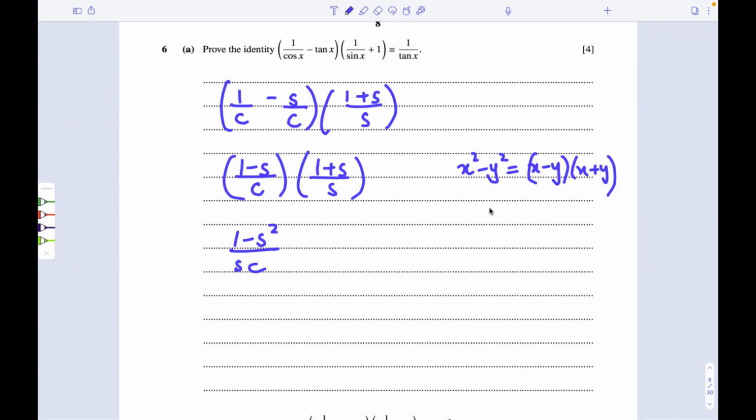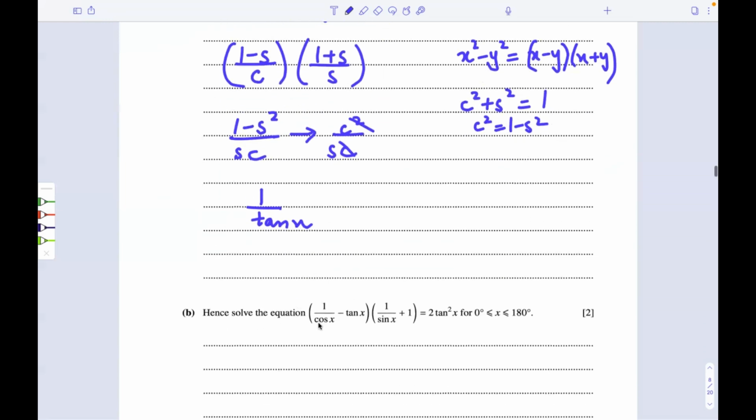Now we know that the identity for cos square plus sine square is equal to 1. So we know that cos square is 1 minus sine square. So in place of 1 minus sine square, we can replace it with cos squared. Cancelling cos and cos squared, we have cos upon sine, which is equal to 1 upon tan x.